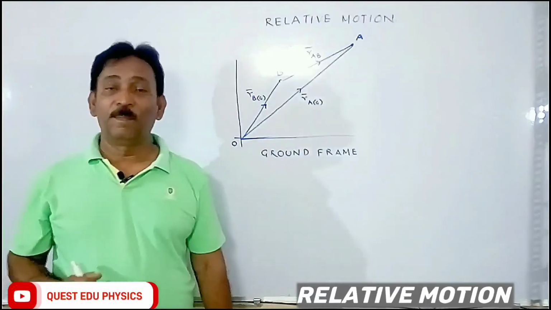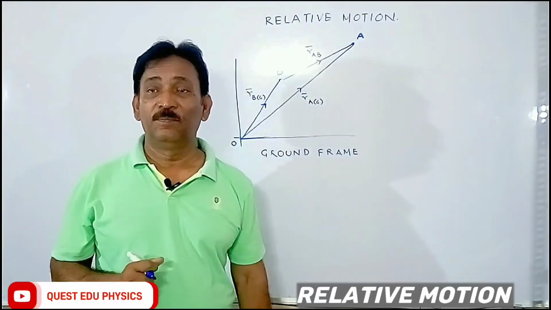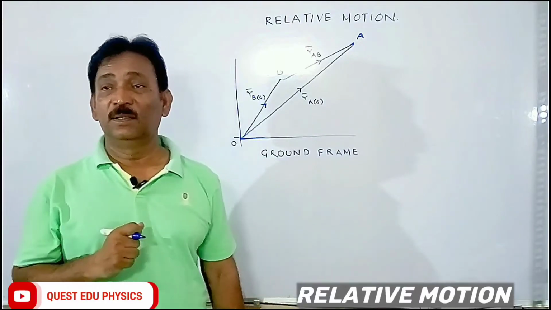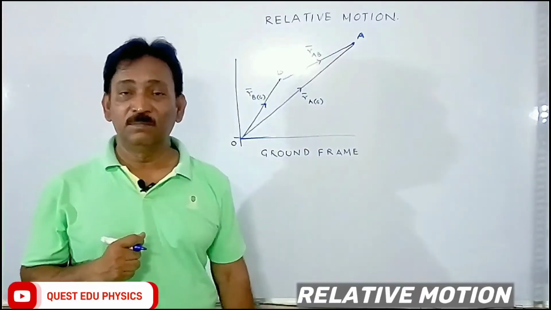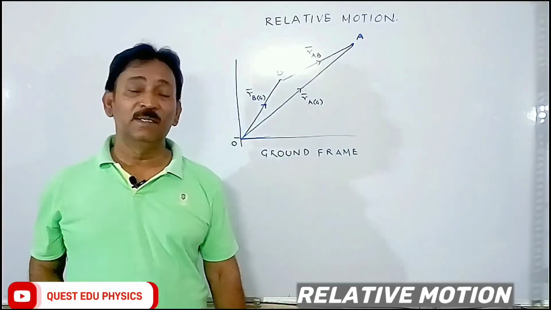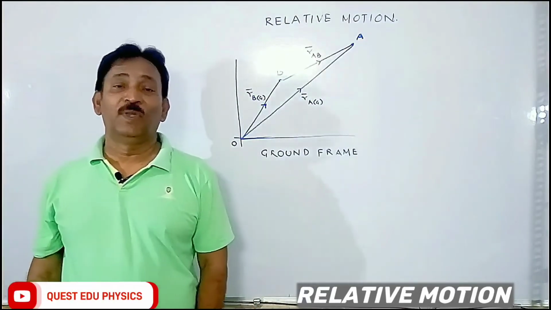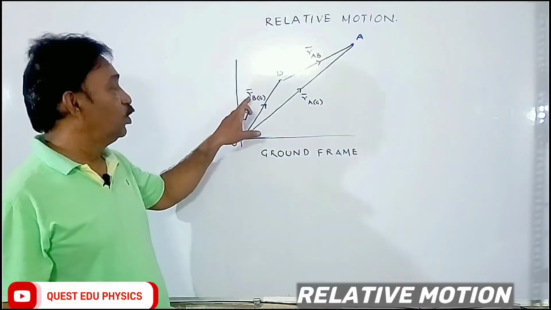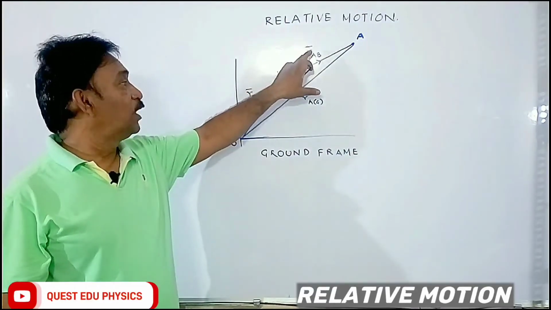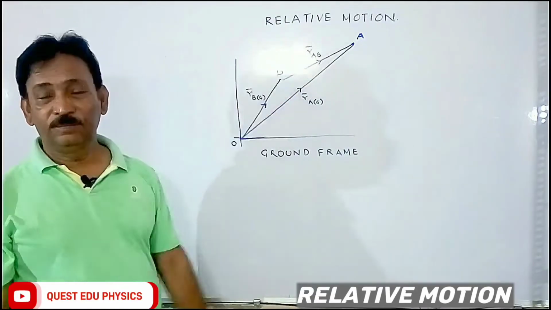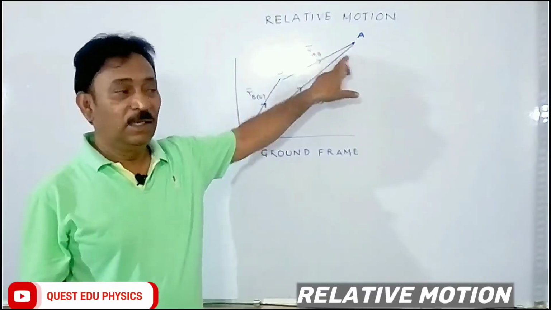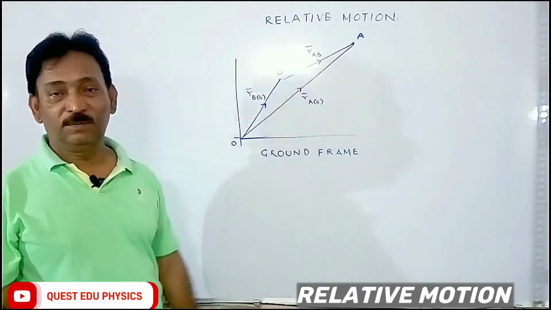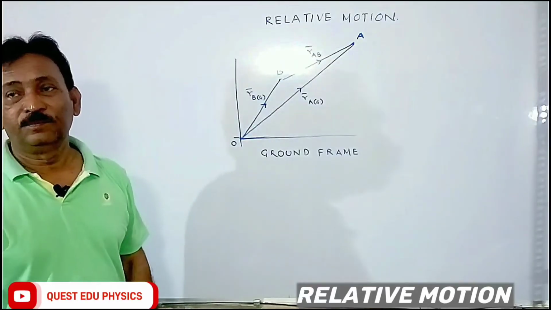We have a law to add two vectors, and you know that it is the triangular law of vector addition. The law can be stated like this: if two vectors are shown as two sides of a triangle in an order, the closing side of the triangle is the sum of the two vectors in opposite order.